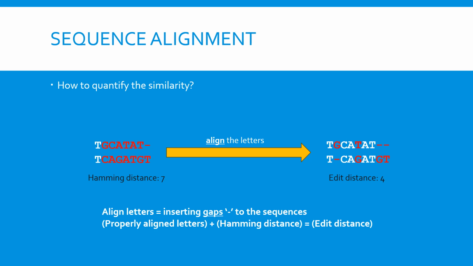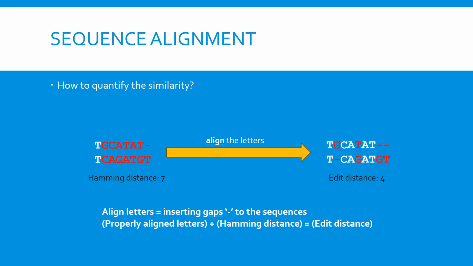Notice that properly aligning the letters plays a critical role in computing the edit distance. By aligning the letters, we mean inserting the dashes, or gaps, into the original sequences to match identical letters in the same columns as much as possible. Thus, computing the edit distance can be broken down into two steps.